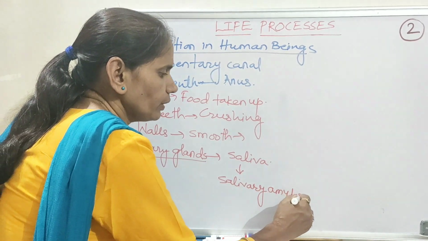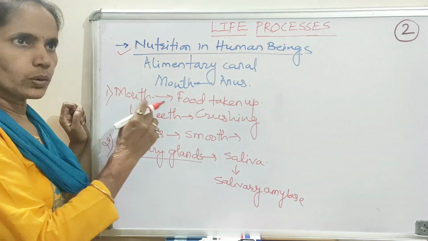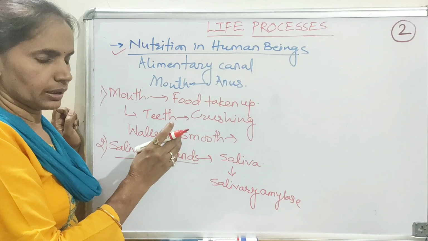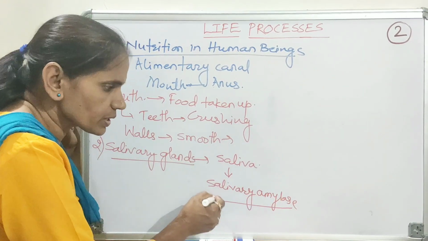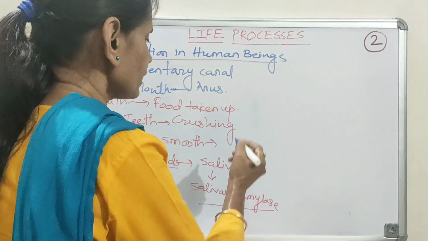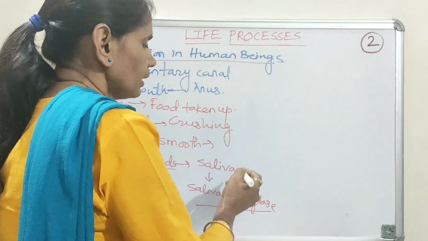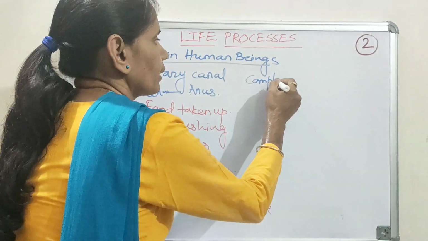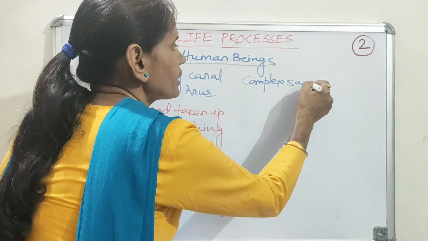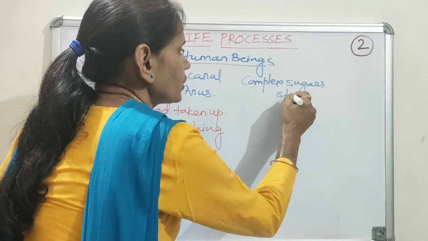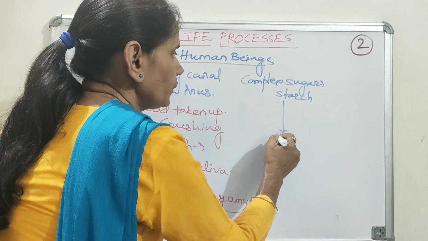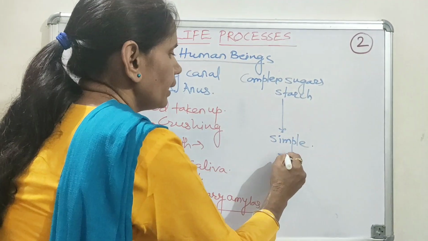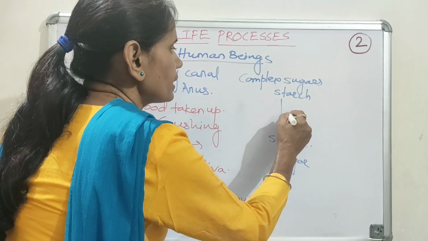Whenever food comes into the mouth, it is not only moistened with the watery fluid, but that fluid also contains salivary amylase. This salivary amylase has a key role because complex sugars or carbohydrates such as starch are converted to simple sugars like glucose by this amylase enzyme.